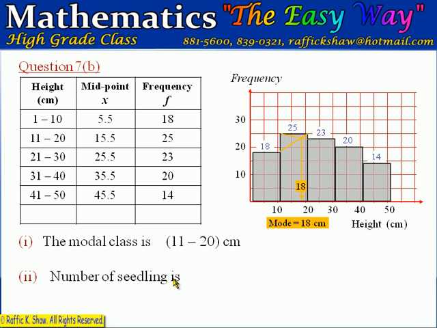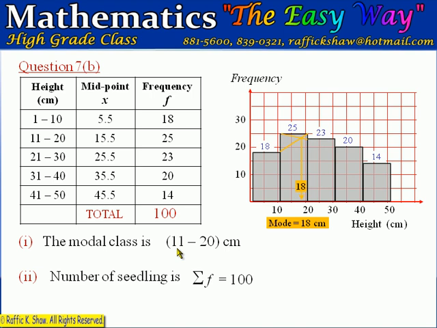So basically the number of seedlings will be the sum of our frequency, right? The total number of seedlings in the sample is the sum of our frequency, and the sum of these frequency values is 100. And so our number of seedlings is 100.